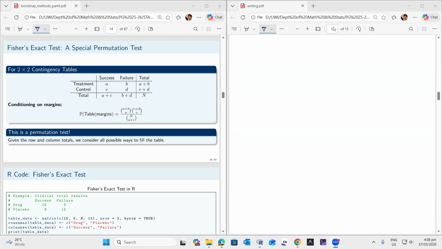I hope everybody knows the contingency table of the Fisher test. I hope you have seen that one, right?